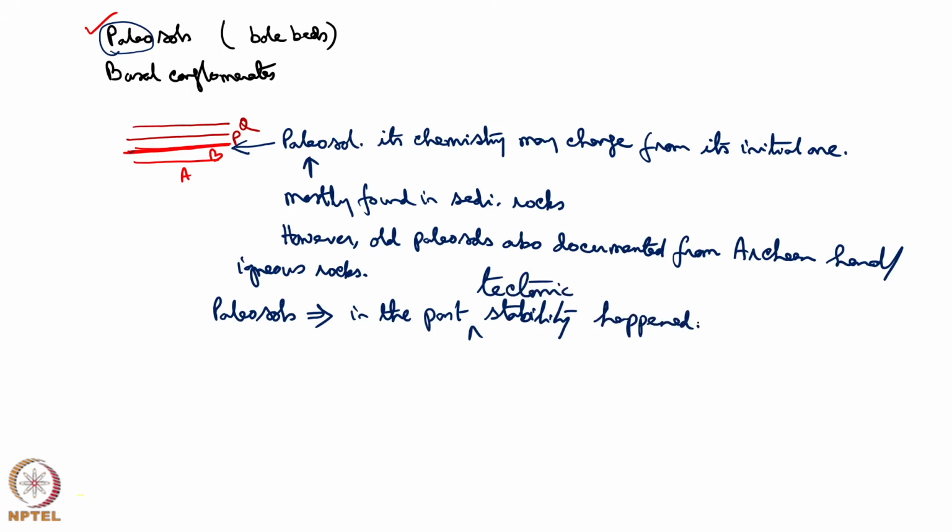Because to form soil, we need protracted time for the rocks to be exposed to the atmosphere. So, once we find paleosol, we understand for a long time it was in a stable condition and no further deposition was taking place, and then after a lot of time again deposition started.